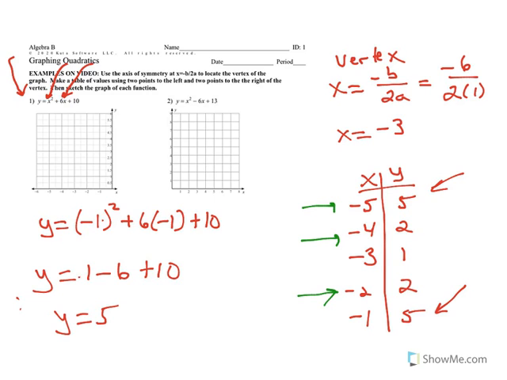So we're going to go plot these ordered pairs and put these on the graph. And let's plot the first one. So we'll do the negative 3 comma positive 1 ordered pair. So we want to go negative 3 on the x and 1 on the y.